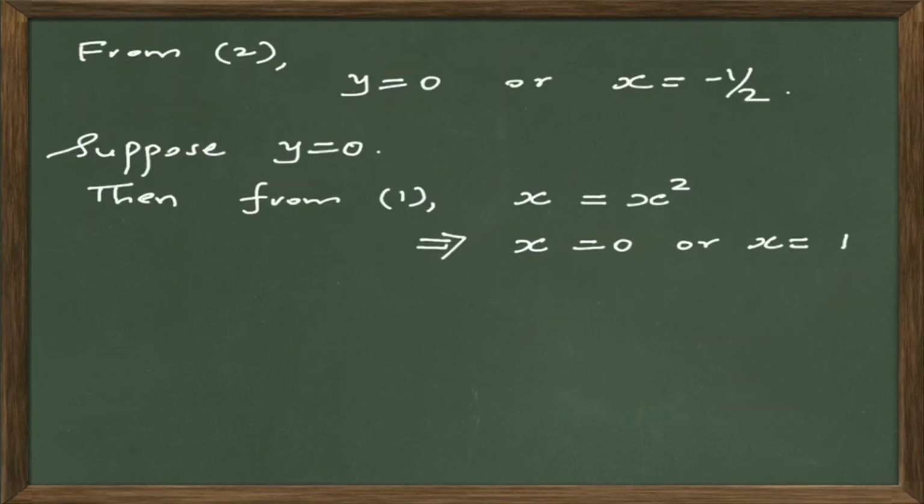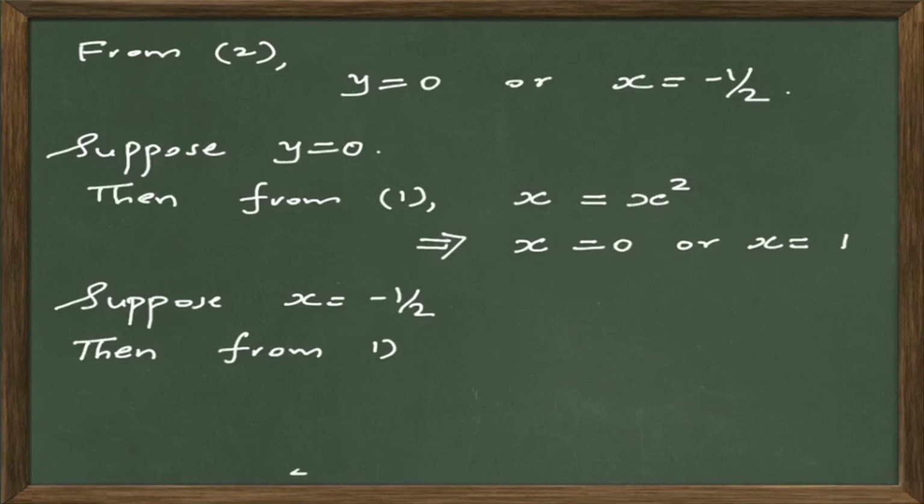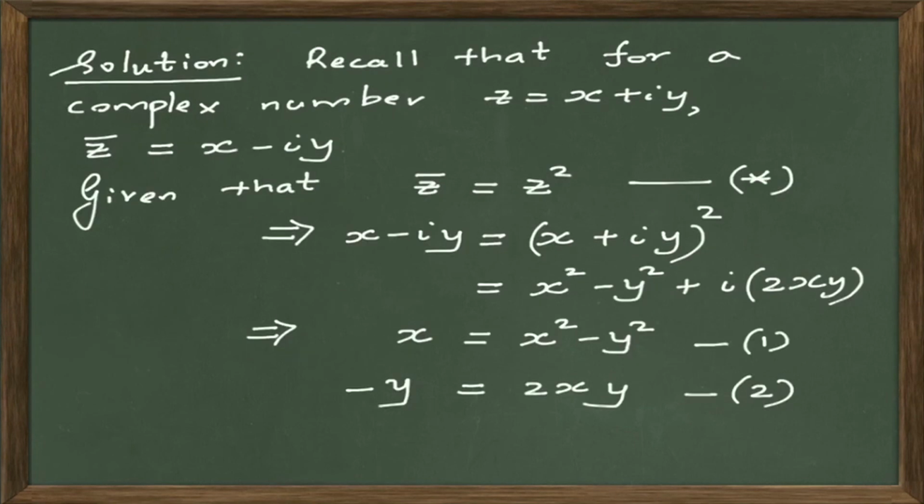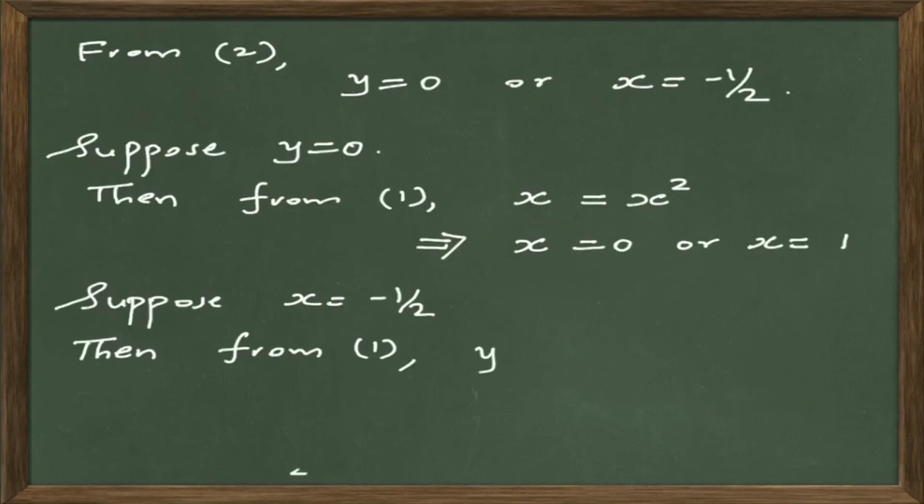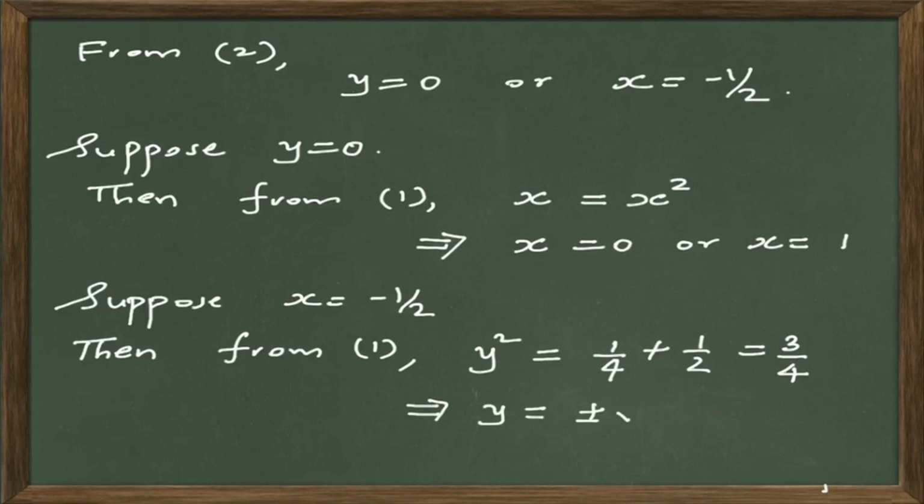Now, suppose x is equal to minus half, then again from equation 1 we see that y square is equal to x square minus x, which gives that y square is equal to 1 by 4 plus half, which is equal to 3 by 4, and hence y is equal to plus or minus square root of 3 by 2.